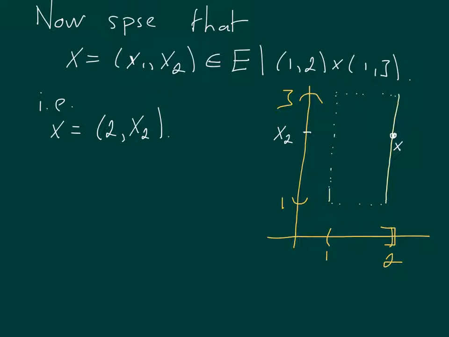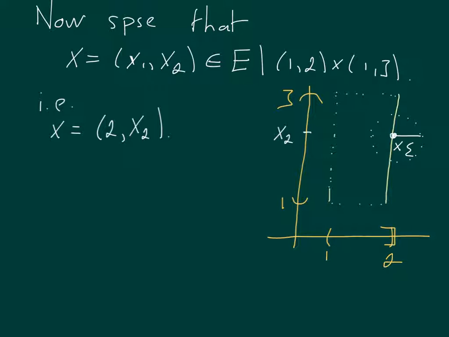So what do we do? Well, we need to show that there is no epsilon neighborhood about this x which is contained entirely in E. So we are going to take an epsilon greater than 0, and we want to show that the epsilon neighborhood about this x is not contained in E. And how do we do that?